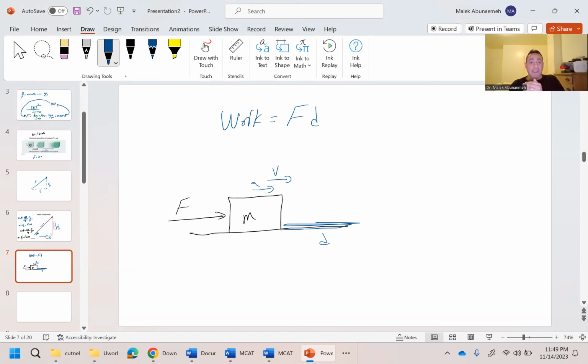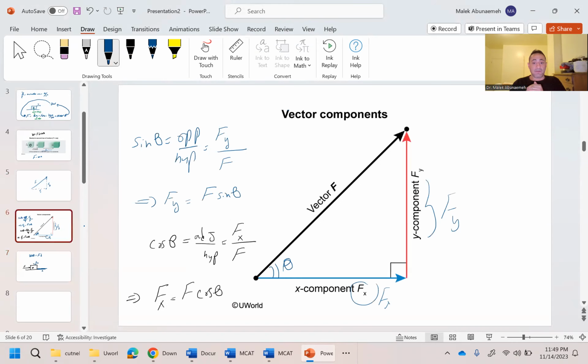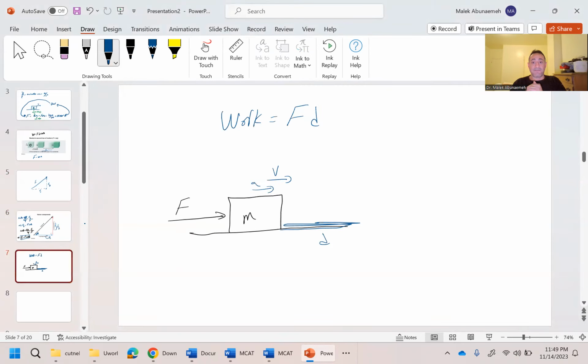But what if you're going at an angle? That's when you're talking about the F x component, which in this case is going to be your F cosine theta. So here's your F. This is going to be your F cosine theta because you are going in the x direction.